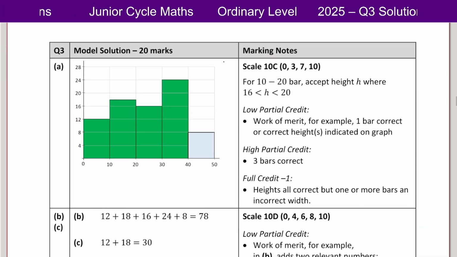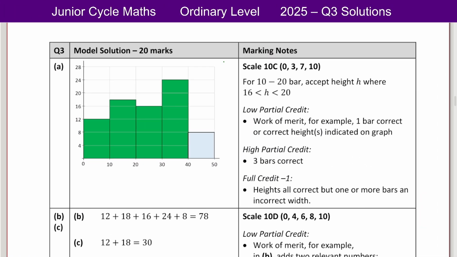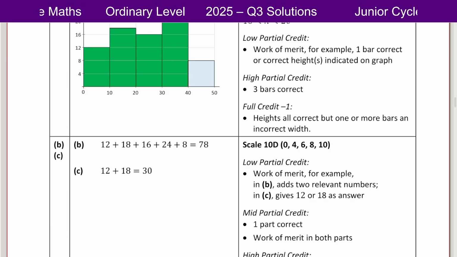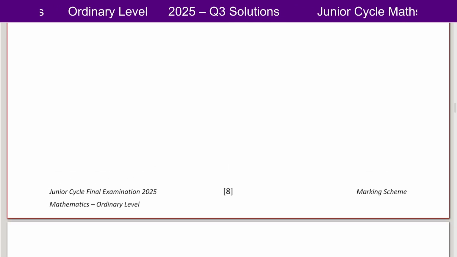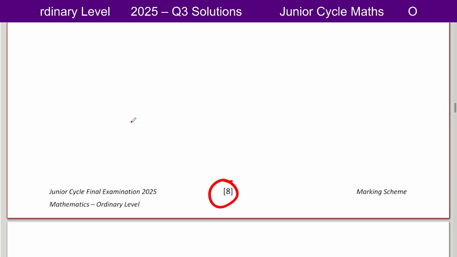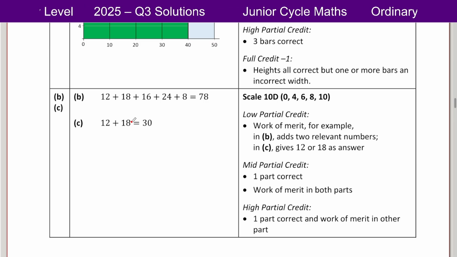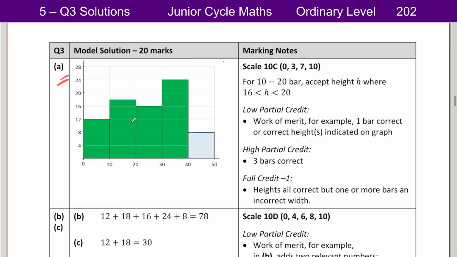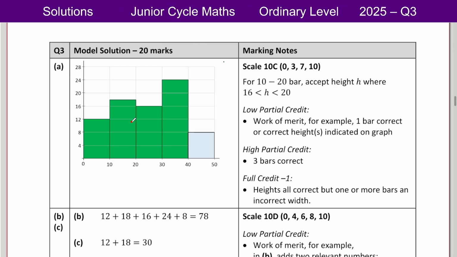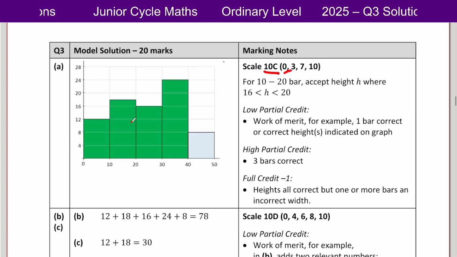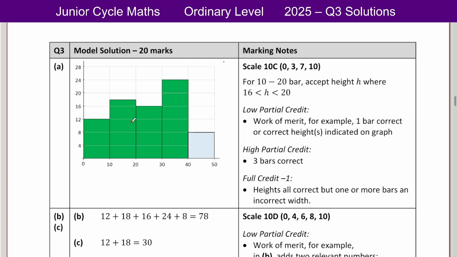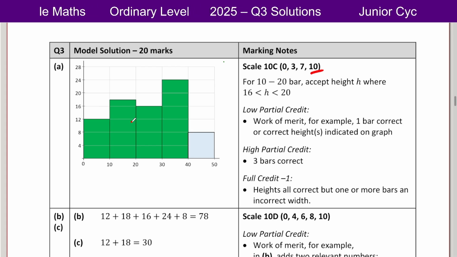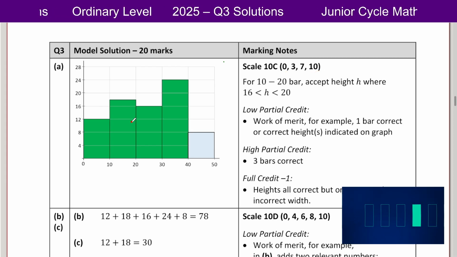Now let's have a look at the marking notes for this question. The notes are shown on page 8 of the marking scheme document. For the first part, we have 10 marks with 4 subcategories, and the full mark is 10.